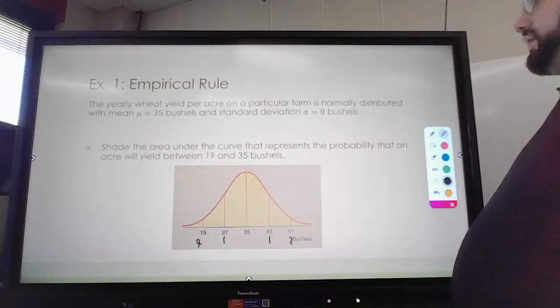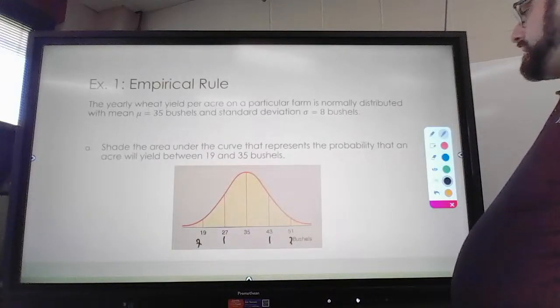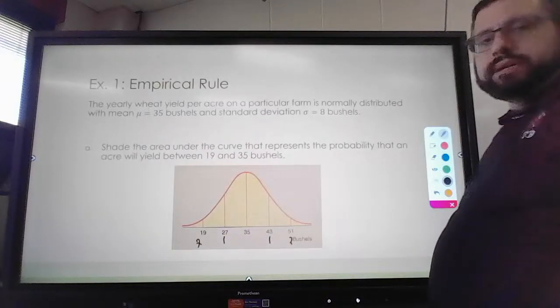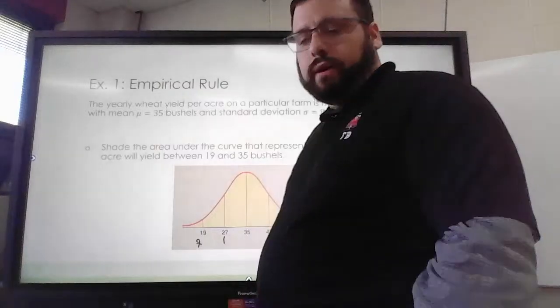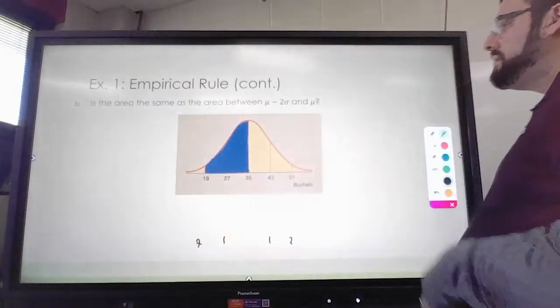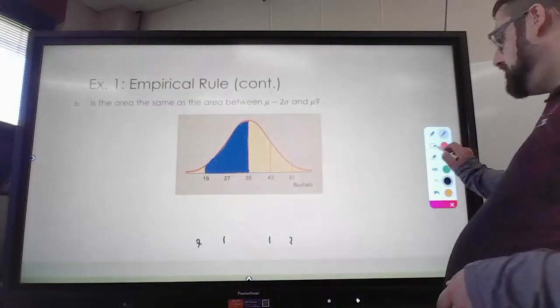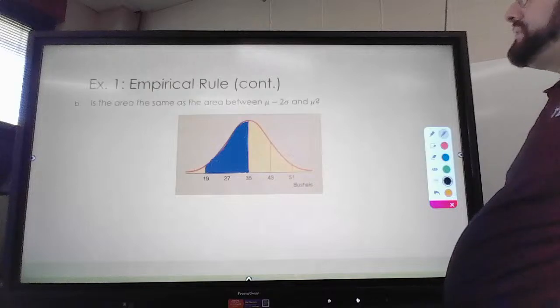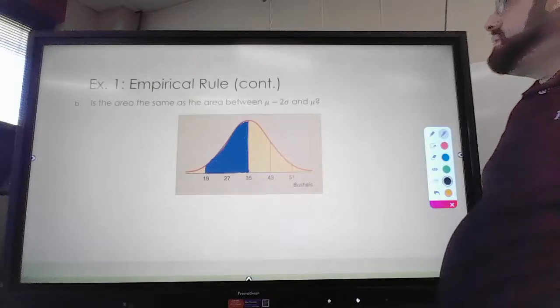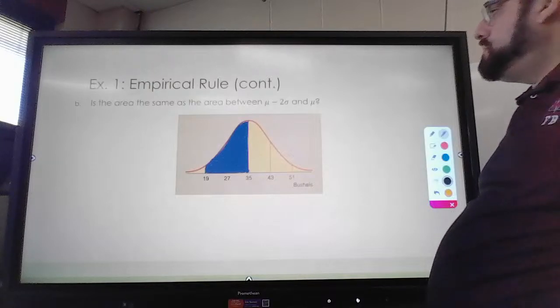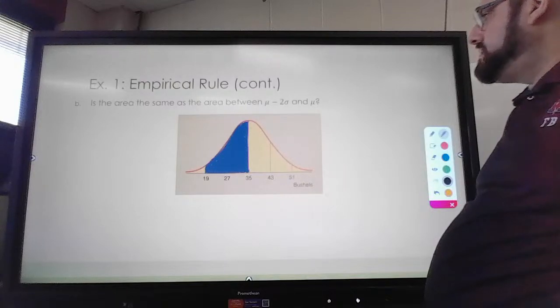Okay. Well, where's the area of the curve that represents the probability that an acre will yield between 19 and 35 bushels? Well, here's that shaded area right here. Is the area the same as the area between mu minus 2 standard deviations and the mean?